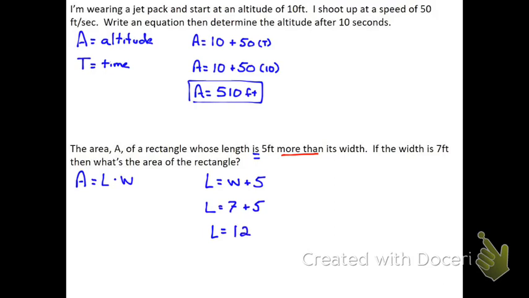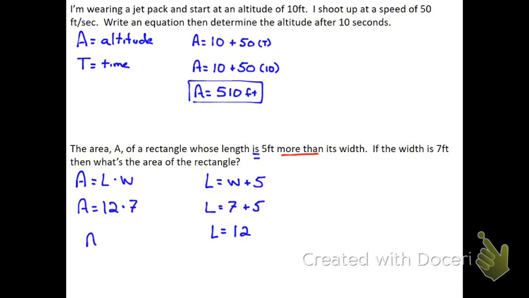But the question is asking what is the area of the rectangle? Well, when the length is 12, our width is 7. So we can substitute those two into the length and width to find the area. So my new equation is area equals length, which is 12, times W, which is 7.